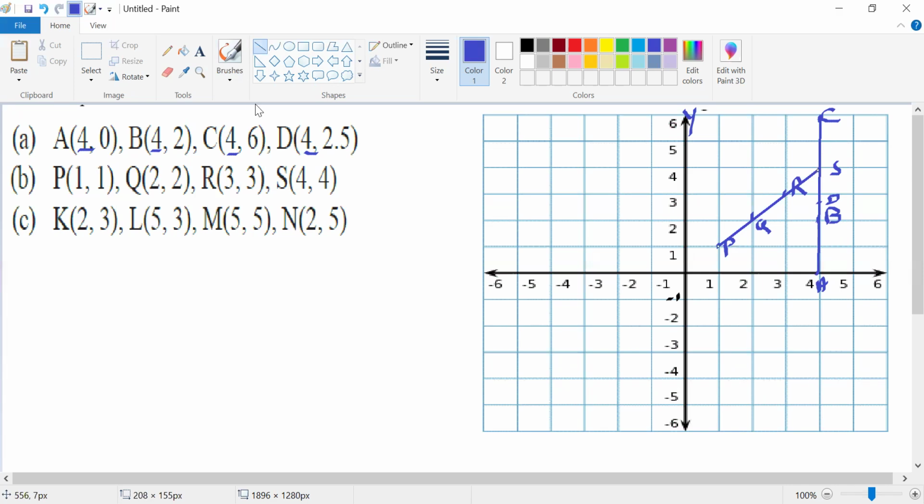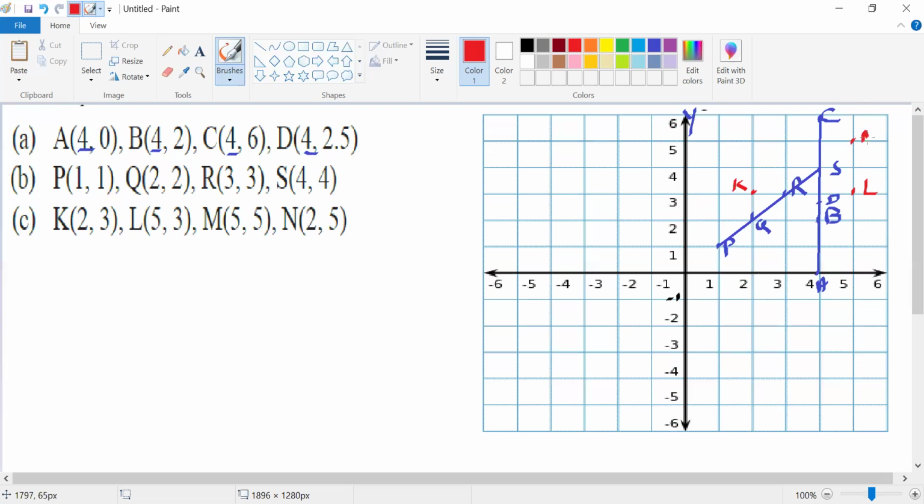Now, third one, K 2 3. This is K. L 5 3. M 5 5.